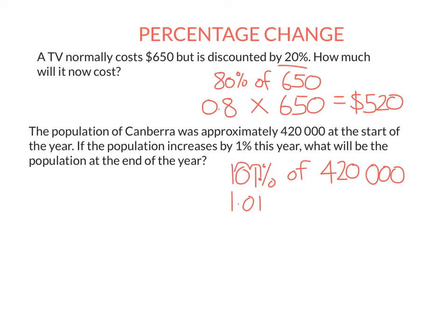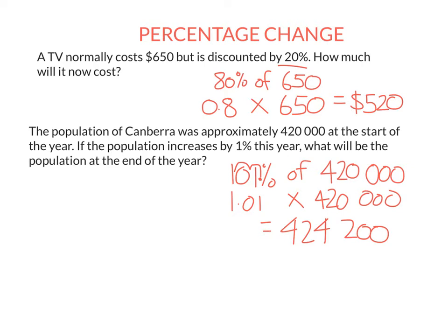You divide the percent by 100 to get the decimal. So 101% is the same as 1.01. Of means times. So all we're going to do is this calculation here. So the answer we should get is 424,200. So the population's gone up by 4,200.